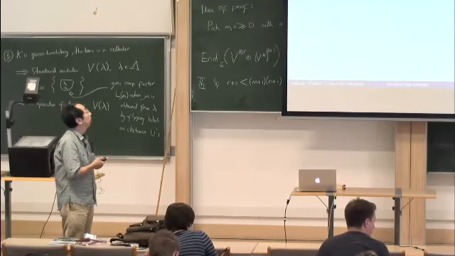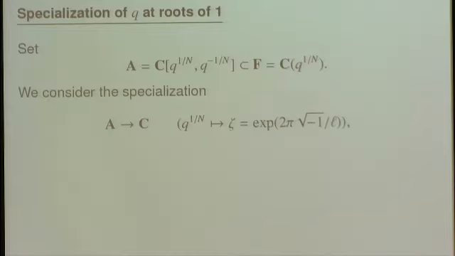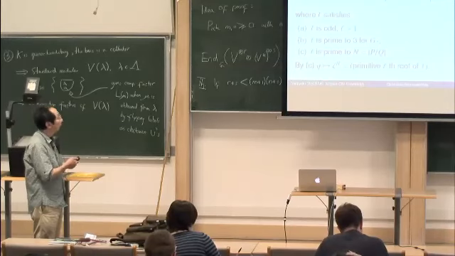F is a field of rational functions, and I consider the subring consisting of Laurent polynomials, and I consider the specialization A to C. q^(1/n) goes to a primitive l-th root of unity, where l is an odd number greater than 1, and l is prime to 3 for G2, and l is prime to this number, the cardinality of P over Q. By this condition, q^(1/n) goes to a primitive l-th root of unity, and q also goes to a primitive l-th root of 1. I consider this specialization.